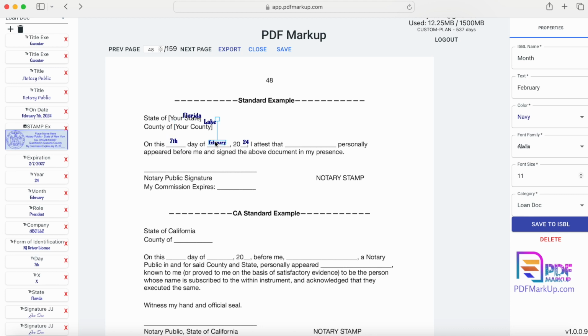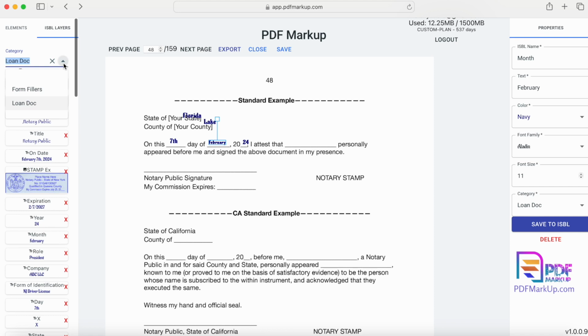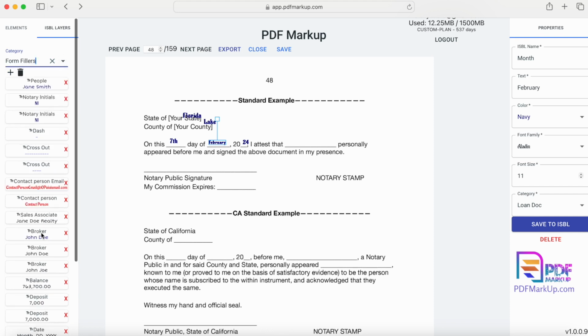Even though you have to double check, triple check your work, that John Doe personally appeared before me and signed the above document.